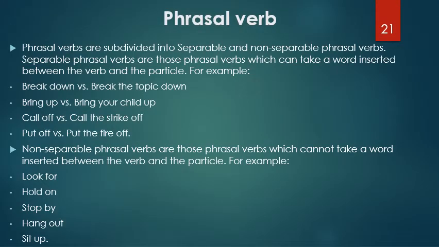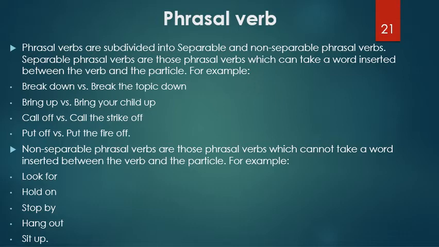This is also exemplifying what we have explained before, that phrasal verbs can be divided into separable and non-separable phrasal verbs, meaning we can decide to separate the verb and the particle with an object in the case of separable phrasal verbs, and we can't separate the verb and the particle in the case of non-separable phrasal verbs. Can we see on the board? That's on the screen. Break down. Break the topic down.